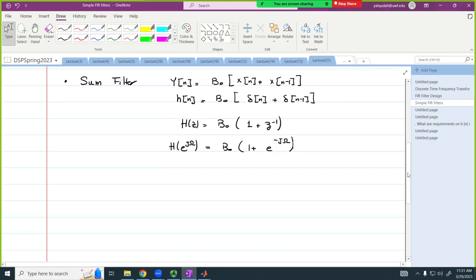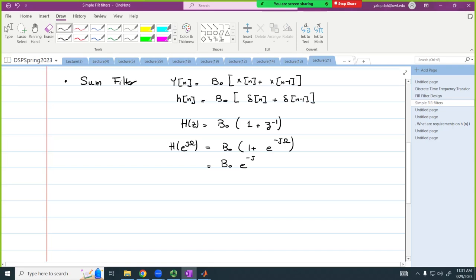So to plot this as a magnitude and a phase, since this is complex, we're going to do the trick that we've seen before.